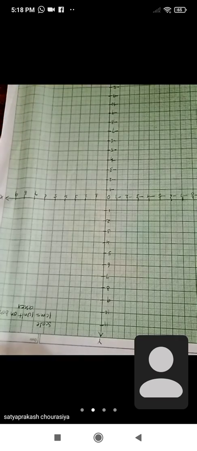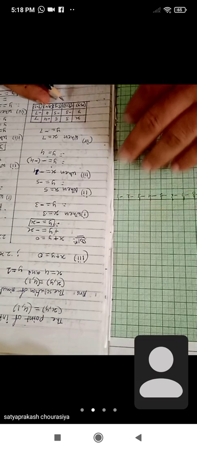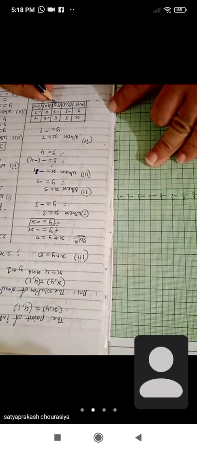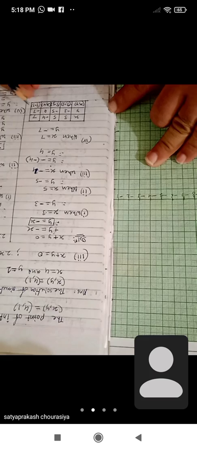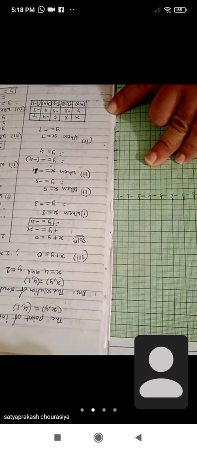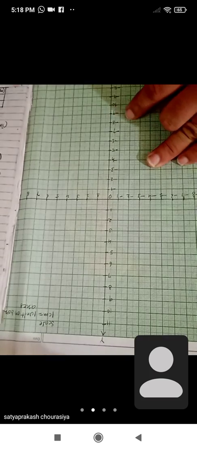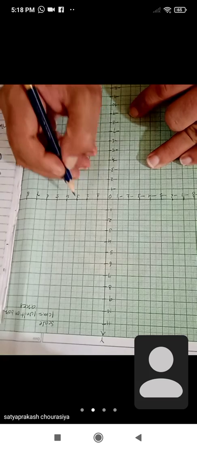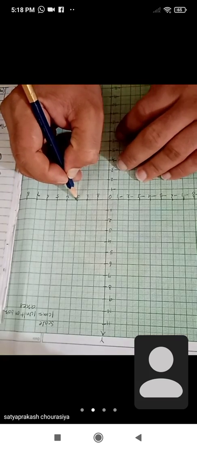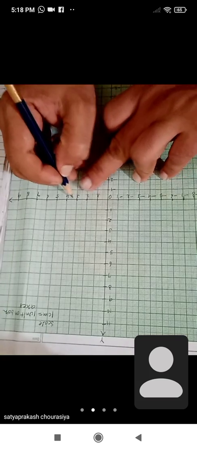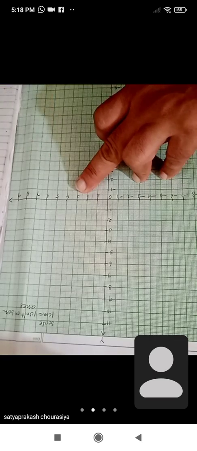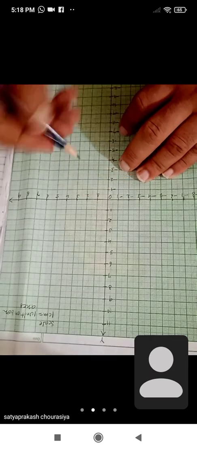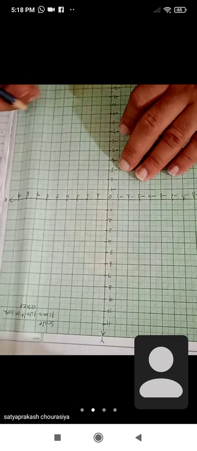Now we have to plot the points. See the points of the first equation: 3 comma -3, 5 comma -5, -4 comma 4, 7 comma -7. The positive 3 of the x coordinate is on the x-axis, on the right hand side, and the y value -3 is below the x-axis.